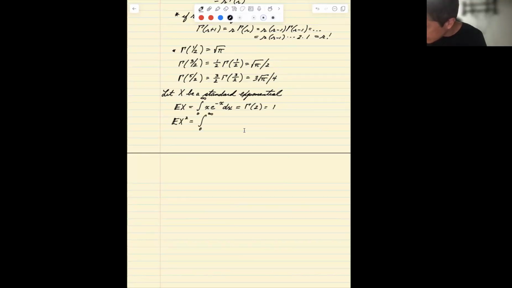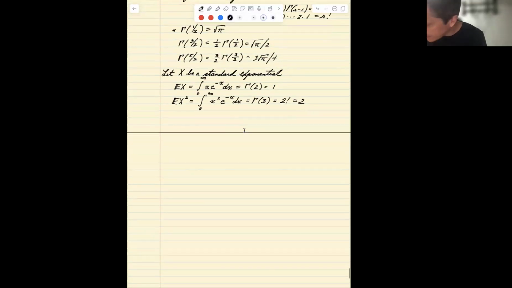The expectation of x squared is the integral of x squared e to the minus x dx. But this is gamma evaluated at 3. This is now going to be 2 factorial. And the variance of x is the expectation of x squared minus the expectation of x quantity squared.